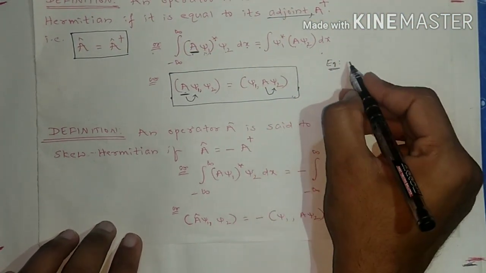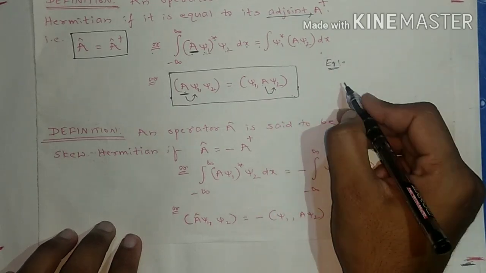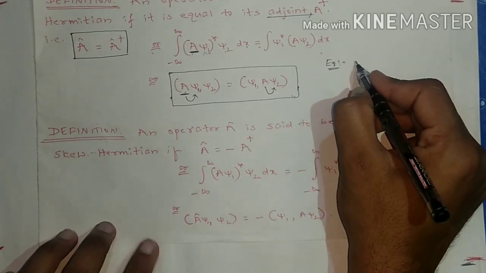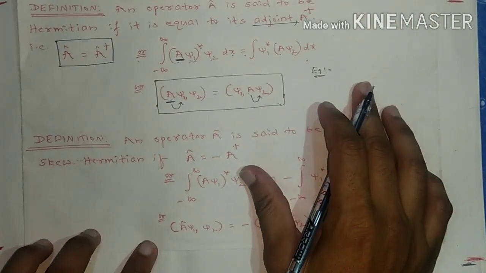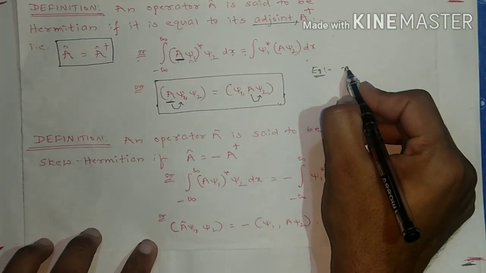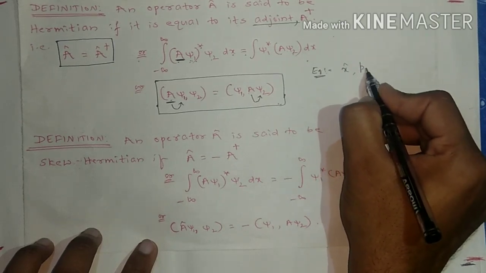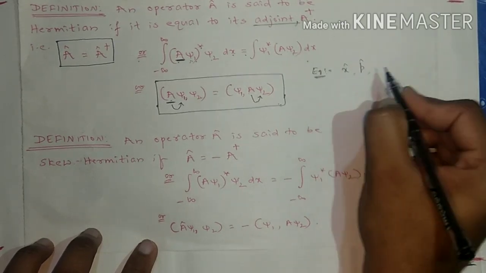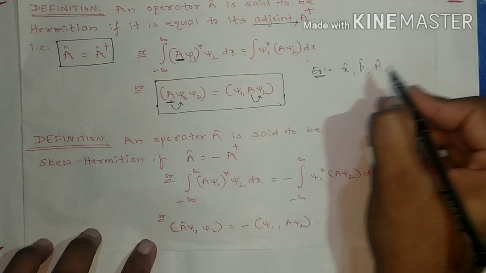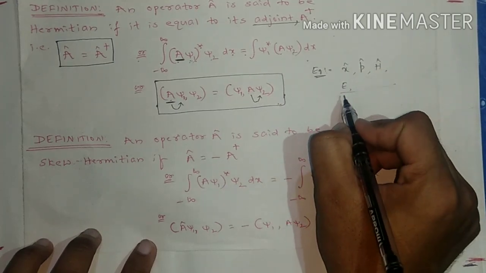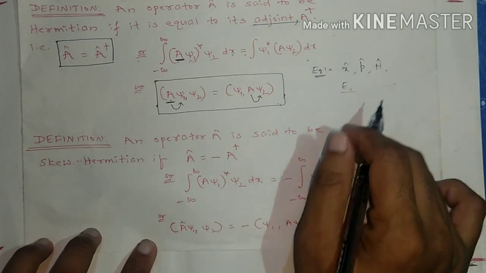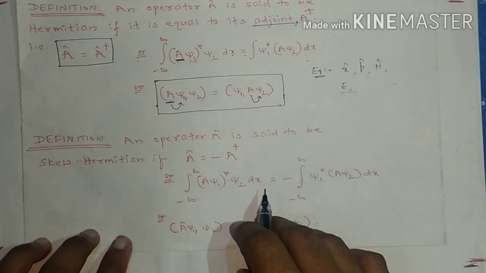The examples of Hermitian operators are all the operators which we consider in quantum mechanics: the position operator, momentum operator, the Hamiltonian or energy operator. All of them are Hermitian operators.